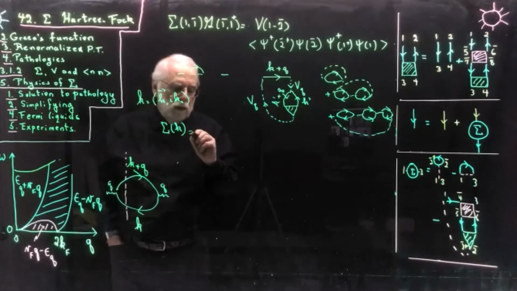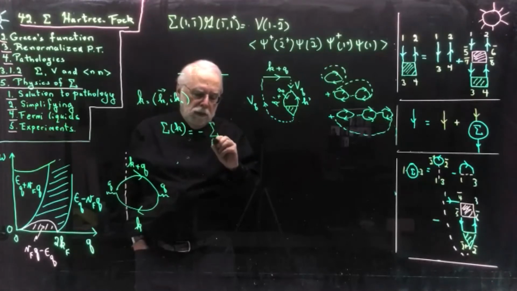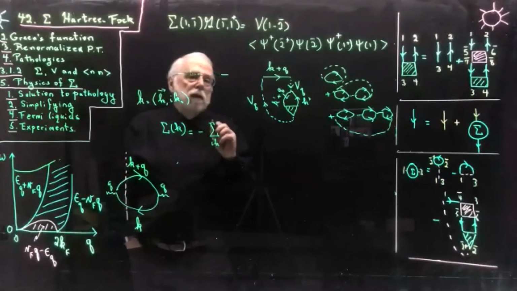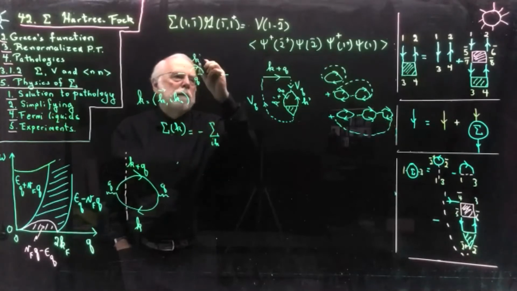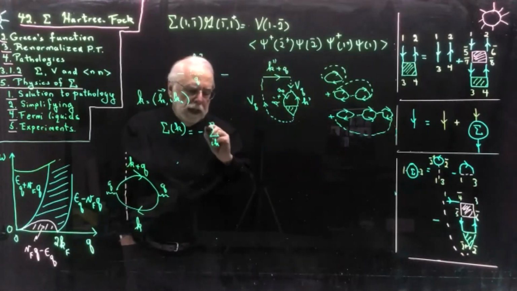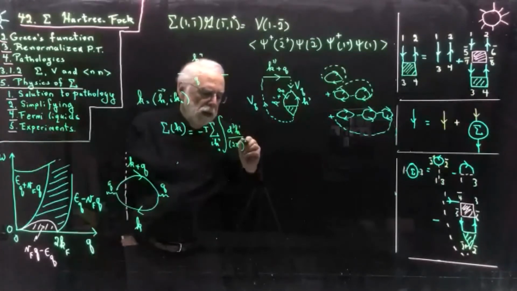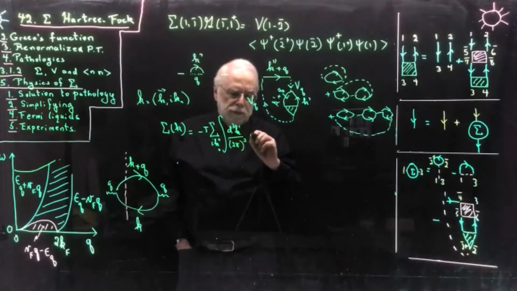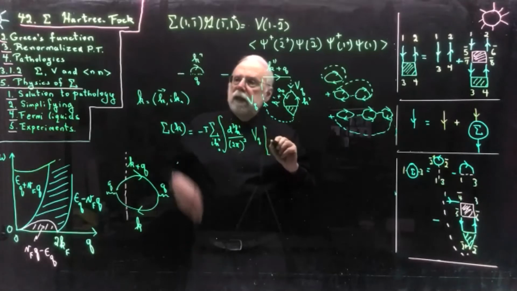So sigma of K is equal to, so this term, so that's minus sum over ikn times temperature times the integral d cube K double prime over 2 pi cube, and then I get V of Q times, here I will write 1 and you will see why.